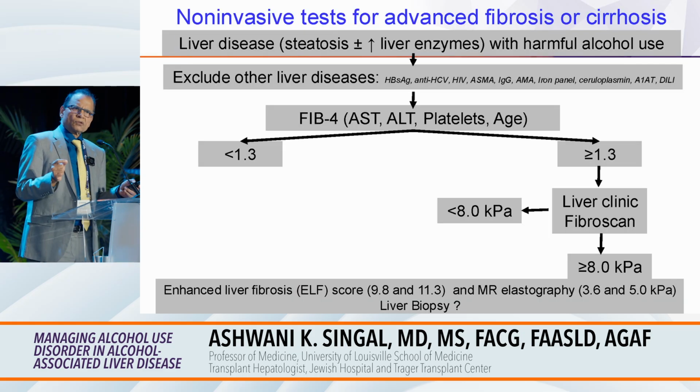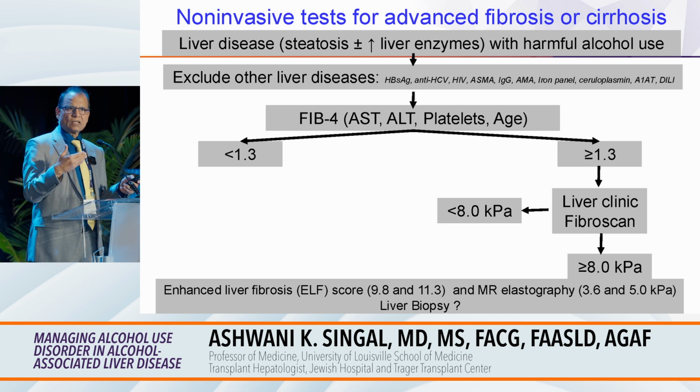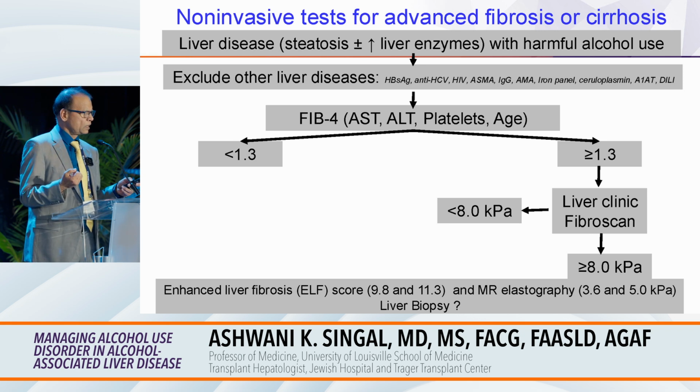Once you make a diagnosis of risky alcohol use, then screen the patients for whether they have underlying liver disease or not. Obviously, the standard is liver enzymes and imaging for any steatosis. Obviously, you have to exclude other liver diseases, Hep B, Hep C, and others listed over here.